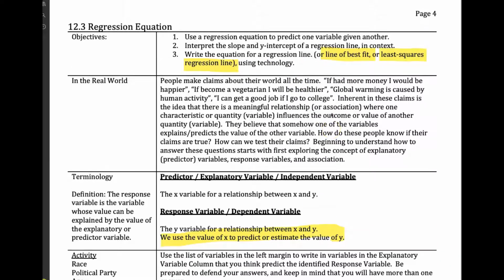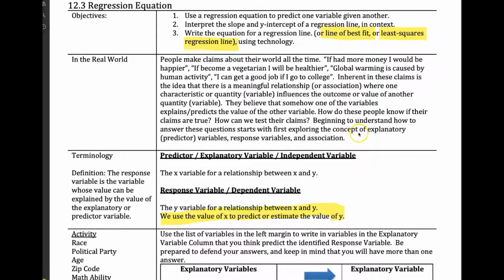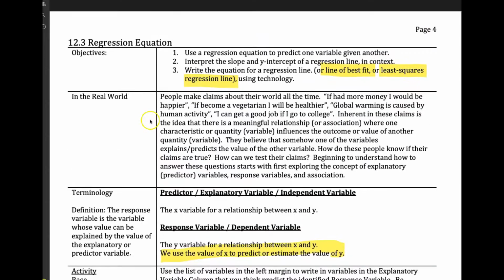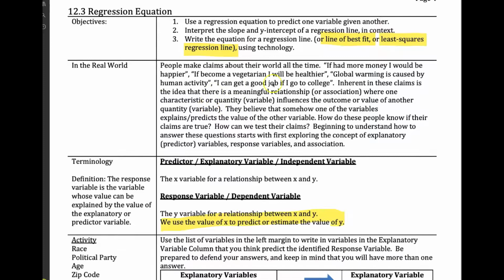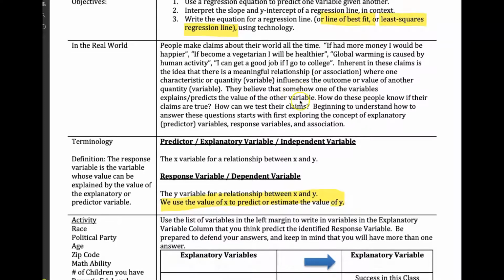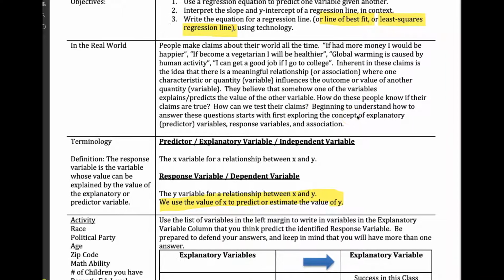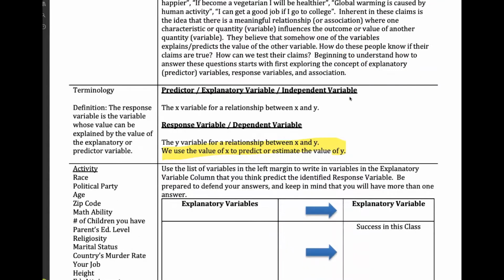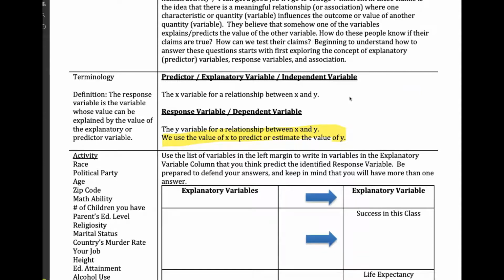In order to get this, you need to start to think about relationships in the world. People have claims about our world all the time, something we've been talking about in this class. And one of the questions is, how do we know if these claims are true? Inherent in these claims are some associations or relationships between variables.